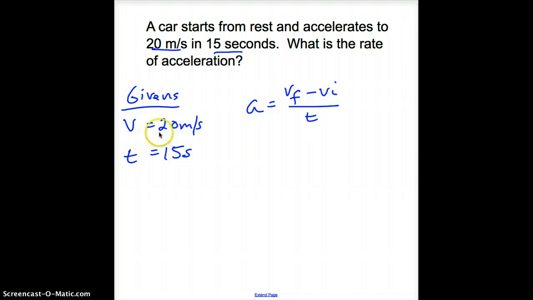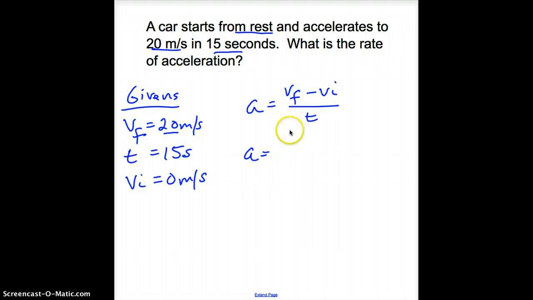So which is this? Is this my final or my initial? Well, go back to the problem. It says it starts from rest. So that's going to be my initial. It starts from rest, so that's 0 meters per second, and that's going to make that my final velocity. So now I'm just going to fill in the formula.